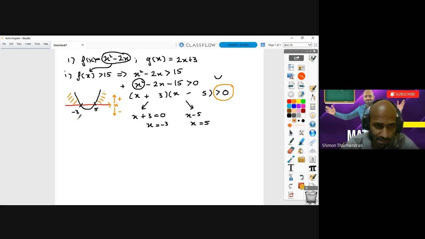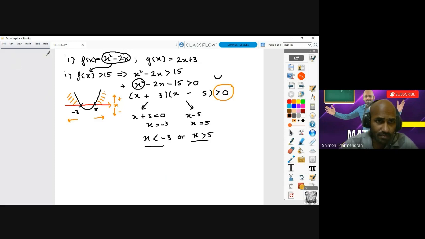So we've got minus 3, and the shaded region is towards the left. Numbers towards the left are getting smaller, and this shaded region is towards the right, so it's getting greater. So we have the set of inequalities as x is less than minus 3, or x is greater than 5. So this is going to be the solution for part 1.